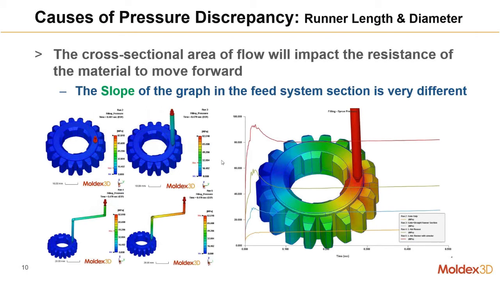Now, how much of the feed system I introduce into my modeling is going to very heavily impact the sprue pressure that I see in my simulation. So, for example, if I model in only the gate, we can see that the gate only is our bottom curve here. So we can see that the pressure loss through our feed system is not nearly as much as including the drop, which is our next one up.